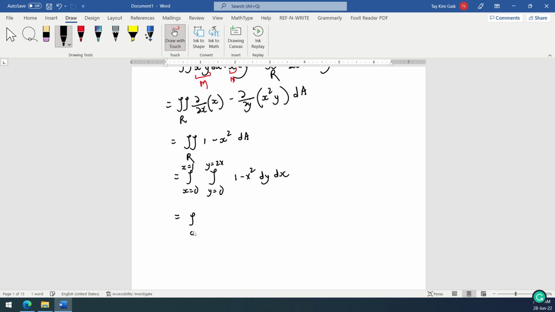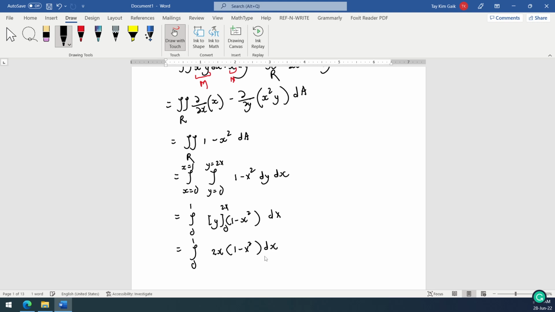Integrating with respect to y, 1 minus x squared is constant, so it remains outside. Y from 0 to 2x gives you 2x, and then 1 minus x squared dx.